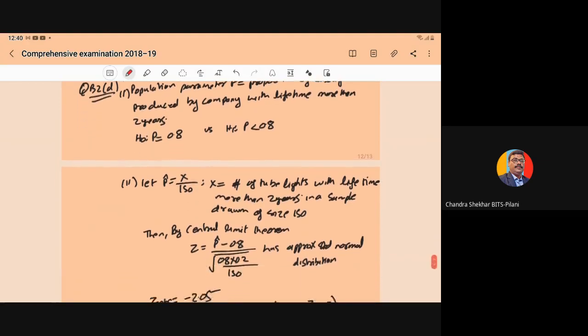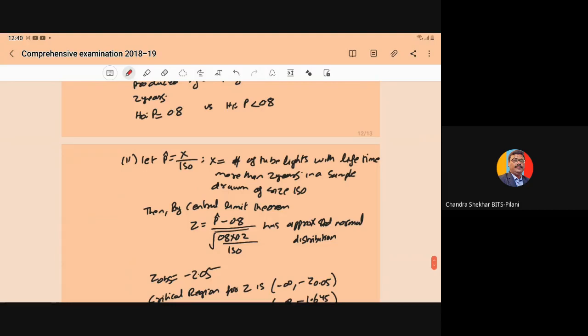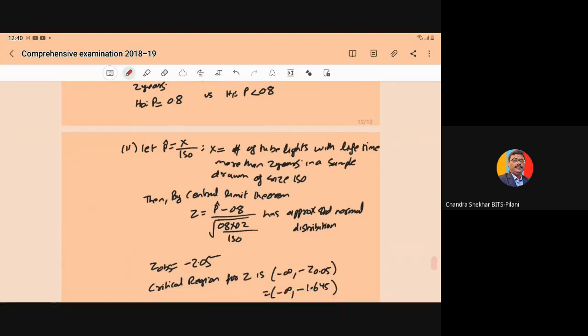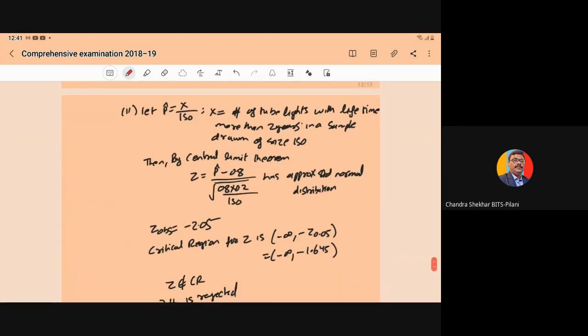So by the central limit theorem, z will become p cap minus mu upon sigma upon root n. So here z is approximately standard normal distribution. Now from the given expression of z, we can compute the z observation.